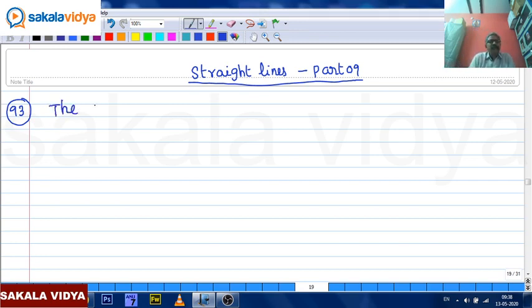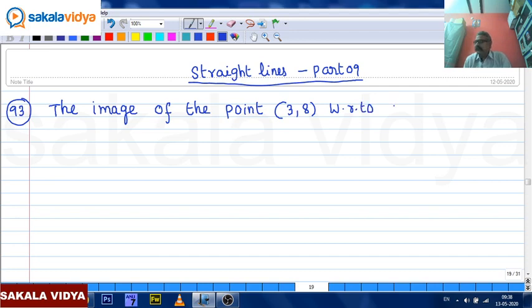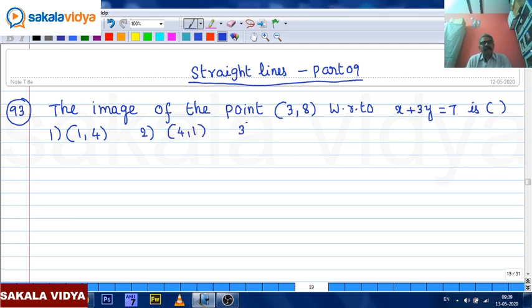The image of the point 3 comma 8 with respect to x plus 3y equals 7 is: first option 1 comma 4, second option 4 comma 1, third option minus 1 comma minus 4, fourth option minus 4 comma minus 1.